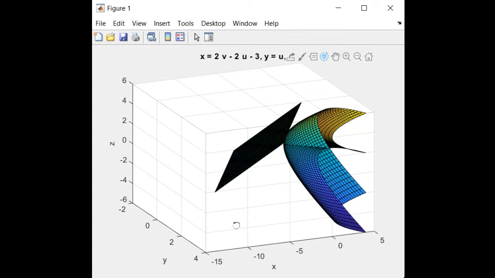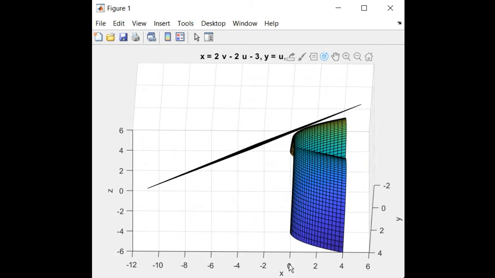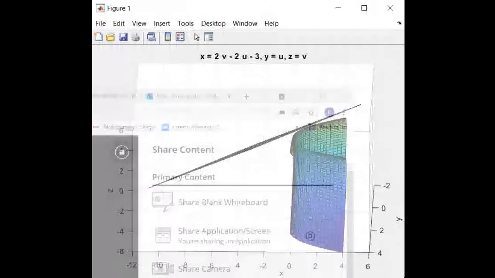I'm happy with what I see there. So that's a graphical reinforcement that your answer was right. You've confirmed your answer graphically now. How many think that's pretty awesome? Pretty cool.